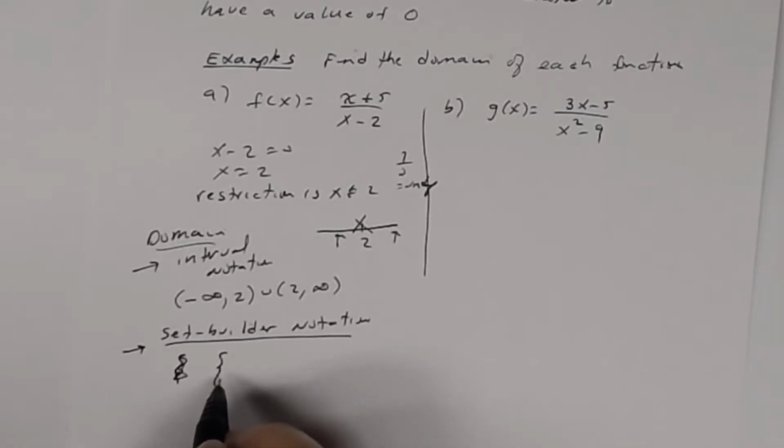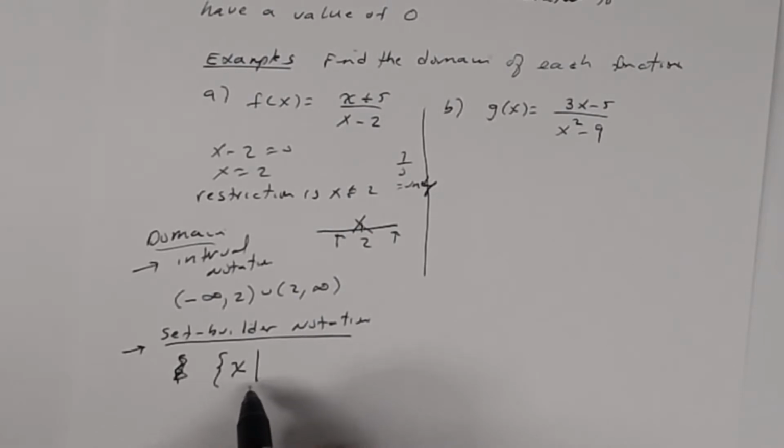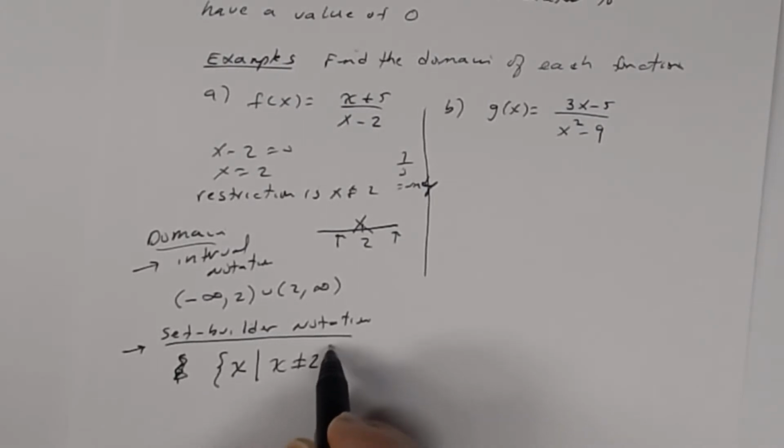This is the notation for a set. Since my variable is x, you say the set of x's such that, and this vertical line means such that, x does not equal 2. And that's all you do.